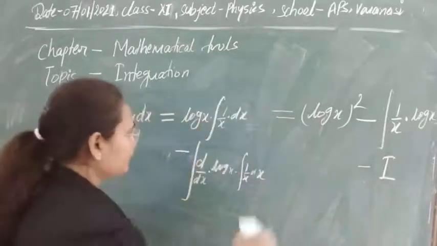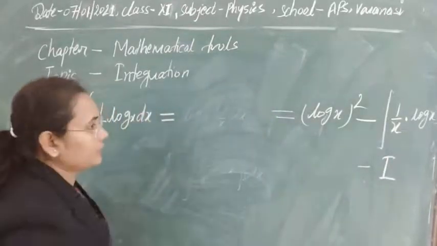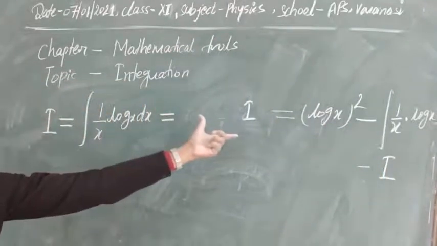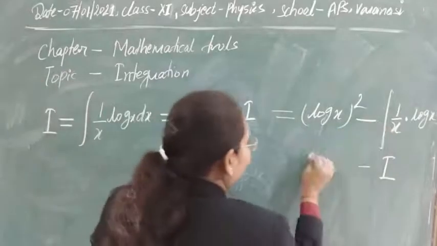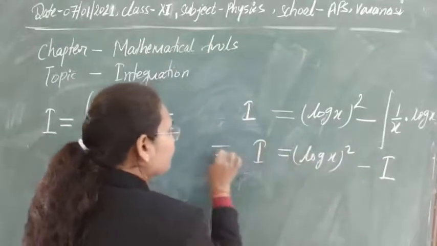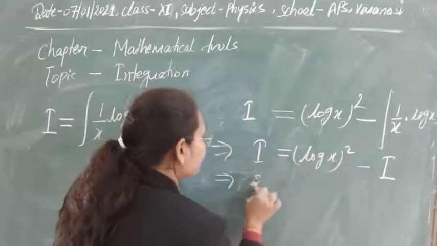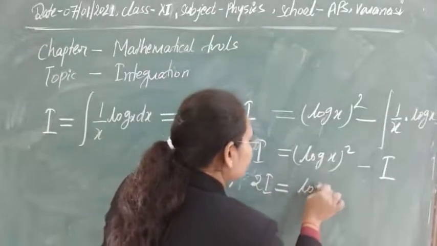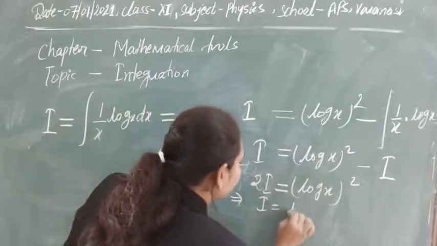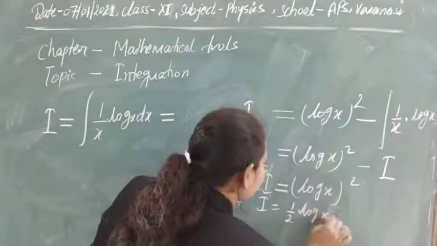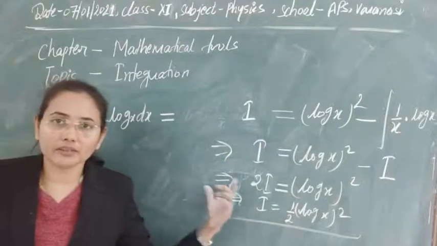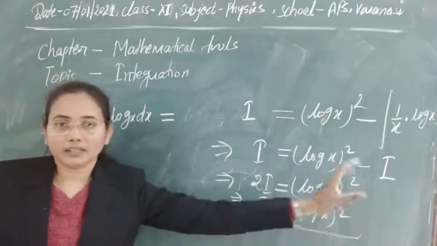So finally I is equal to log x whole square minus I. Take I to this side and you get 2I equal to log x whole square, or I is equal to 1 by 2 log x whole square. This is the answer you have got using the method of by parts.